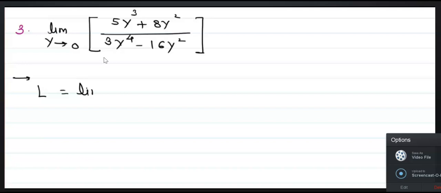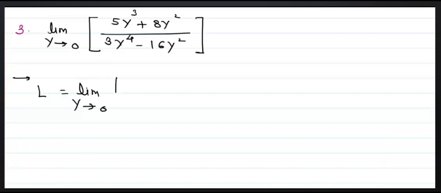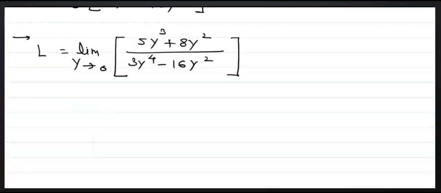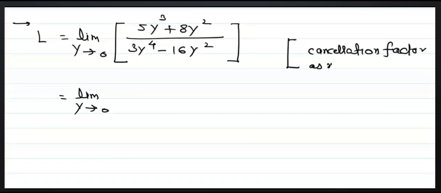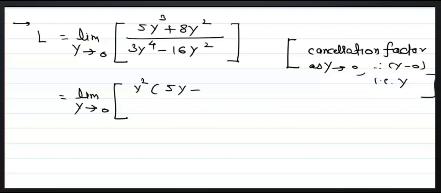Now see this again. Now the cancellation factor, as y tends to 0, is y minus 0, that is, y is the cancellation factor.